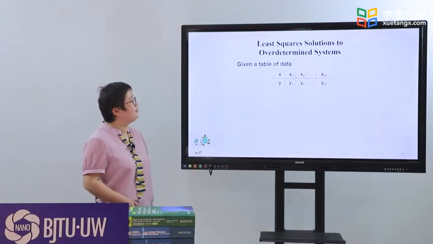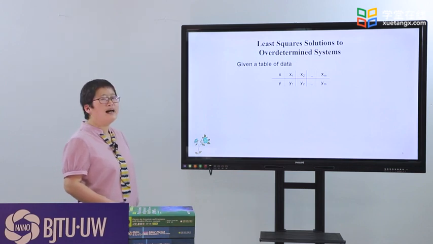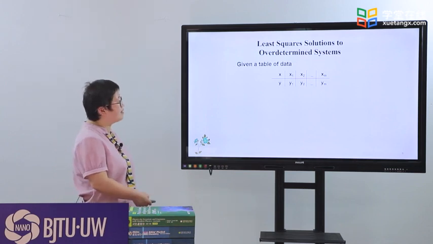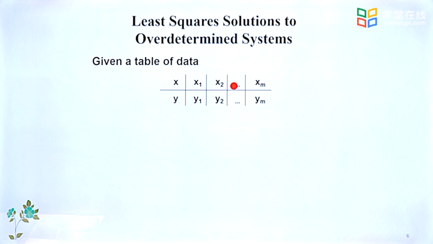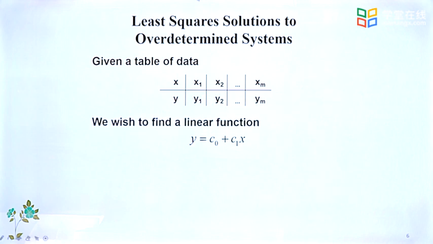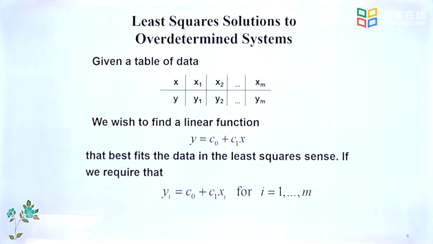Now, given a table of data, here we have m points, x1, x2 till xm, and y is the observed value, y1, y2 till ym. We wish to find a linear function y equals c0 plus c1x that best fits the data in the least square sense.